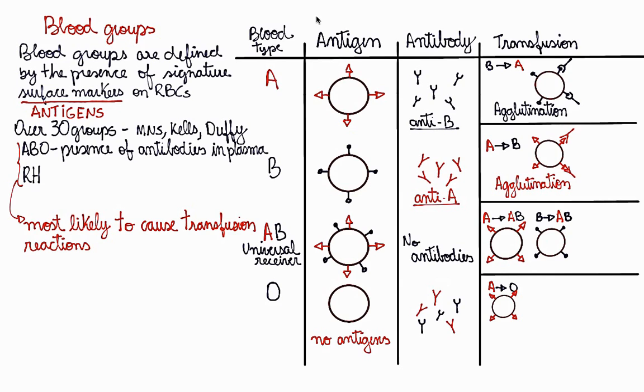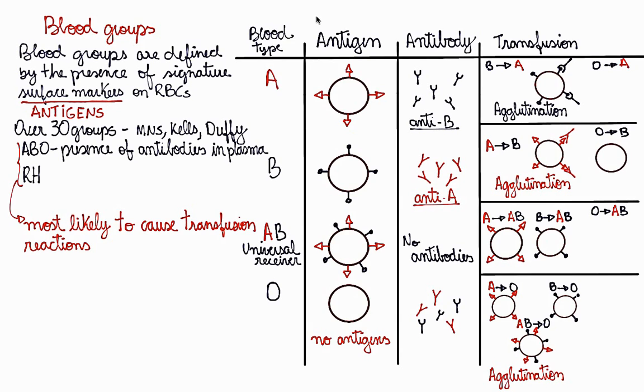And if I'm dealing with a type B donating blood to a type O person, agglutination will also take place because of the antibodies that we have. And if a type AB is donating blood to a type O, we'll also have an agglutination reaction happening here. So for all these three scenarios, I'm going to have agglutination taking place.